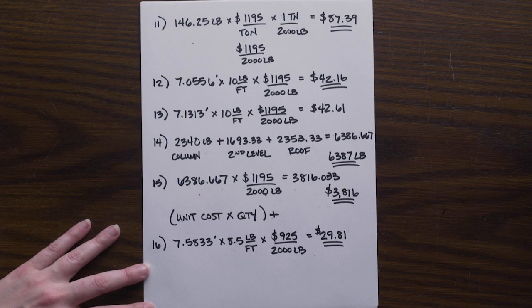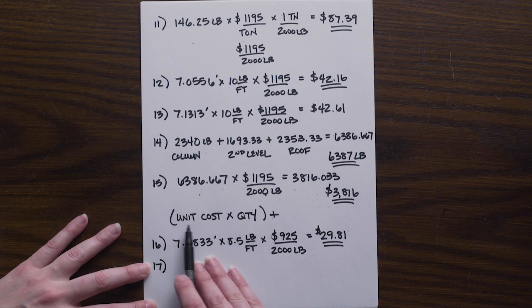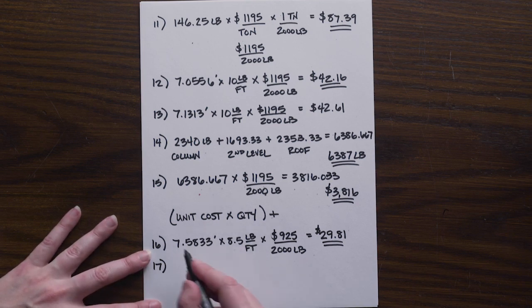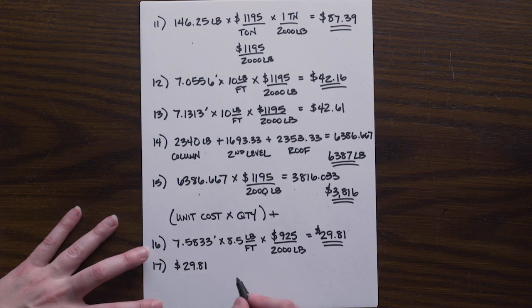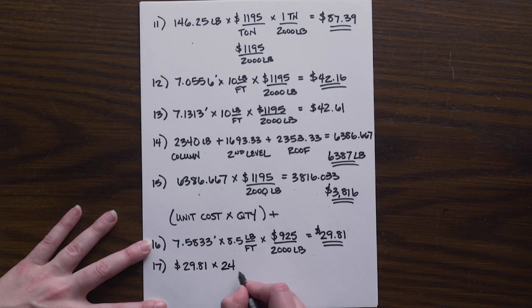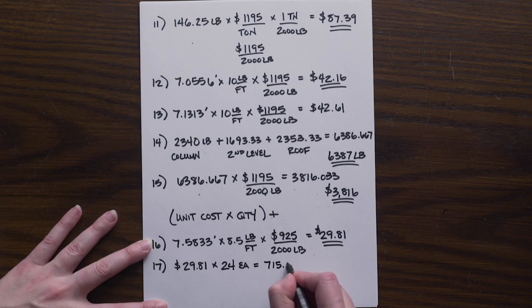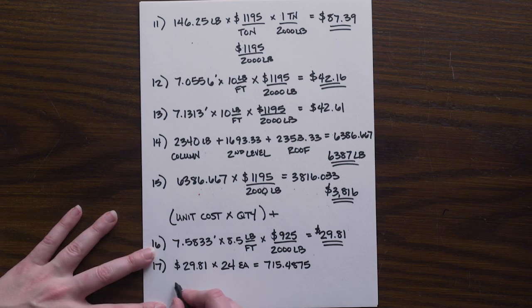In configuring our total cost, to reference what I was talking about by taking a unit cost times a quantity, we could take our unit cost of $29.81 for each joist, multiply it by the number of joists, which is 24, and we get 715.4875. This is the same thing as if we took our 1547 pounds, that was our total joist weight, and multiply it by the 925 per 2,000 pounds.